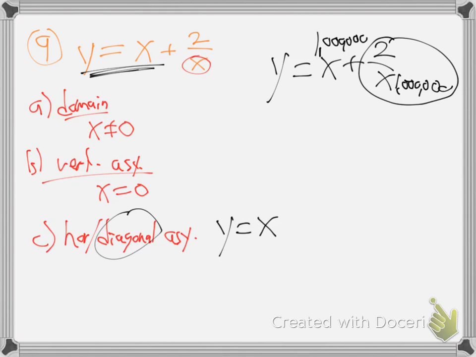What's 2 over 1,000,000? If I said last night I had 2/1,000,000ths of the pie, that's headed to 0. This is just y equals x. We can just see it. Does that make sense? It's in the format that we usually get after long dividing. It's already there. Right? You with me?